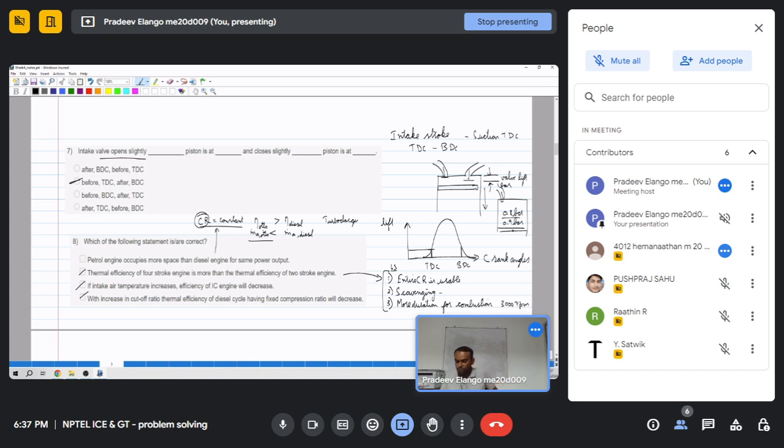Then third point, if intake air temperature increases, efficiency of IC engine will decrease. Can you say why? If intake air temperature increases, efficiency of IC engine will decrease.